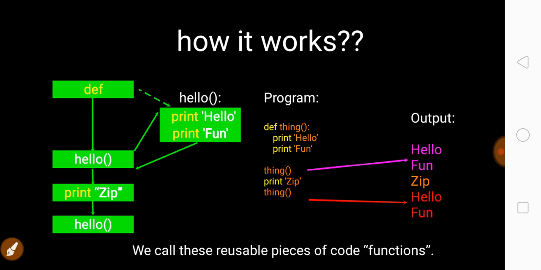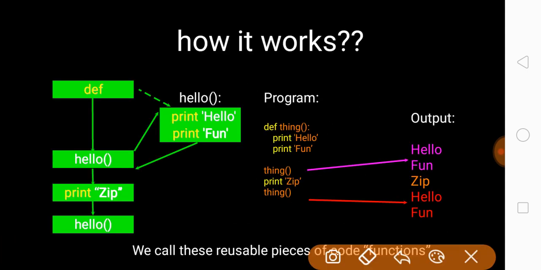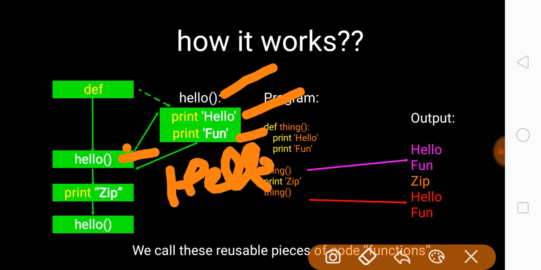Now we'll move back to the function hello, and in this case I have used two lines over here, print hello and fun. Whenever I call this function hello, hello and fun will be printed. So let's see, you have used that hello, so our output will be like that. After executing this hello function, it will print hello and fun.